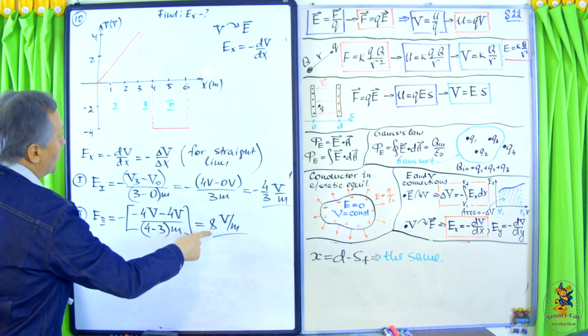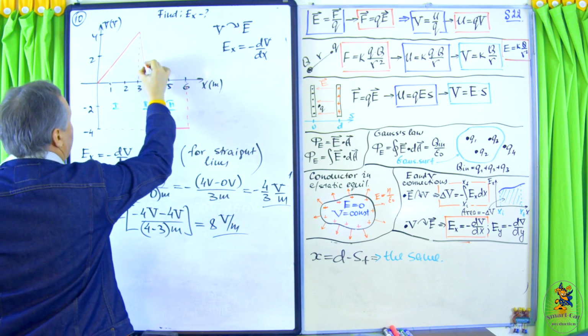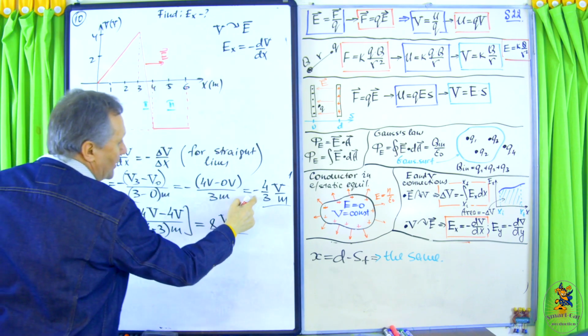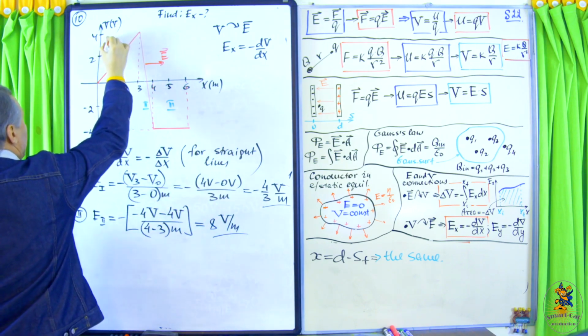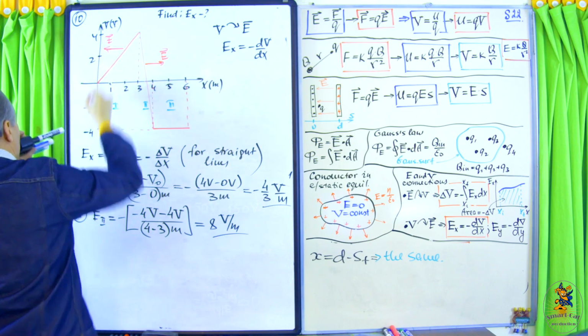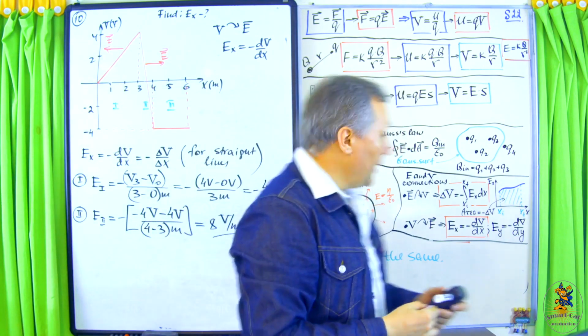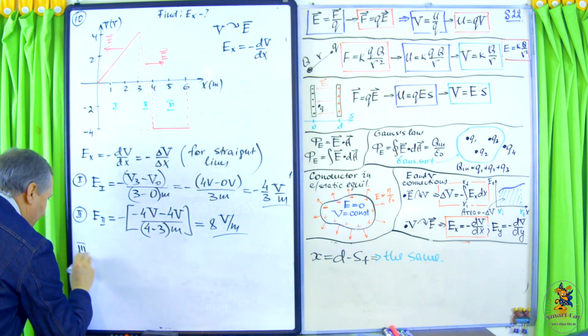And what does it mean, positive electric field? It means on this part of the curve, the electric field points this way. And what does this negative electric field mean? It means on this part of the curve, the electric field points that way. So negative means that it points in the negative x direction. And region number 3, there is nothing to discuss.